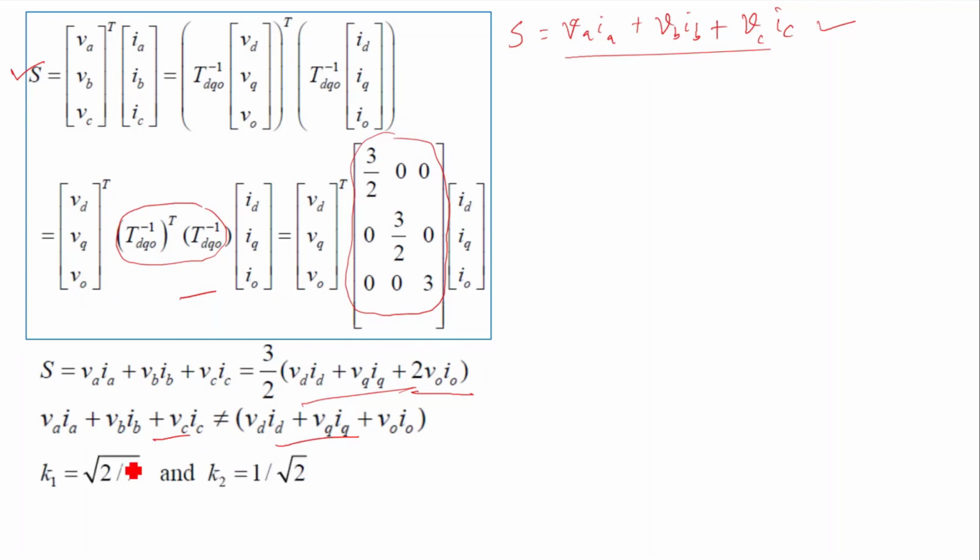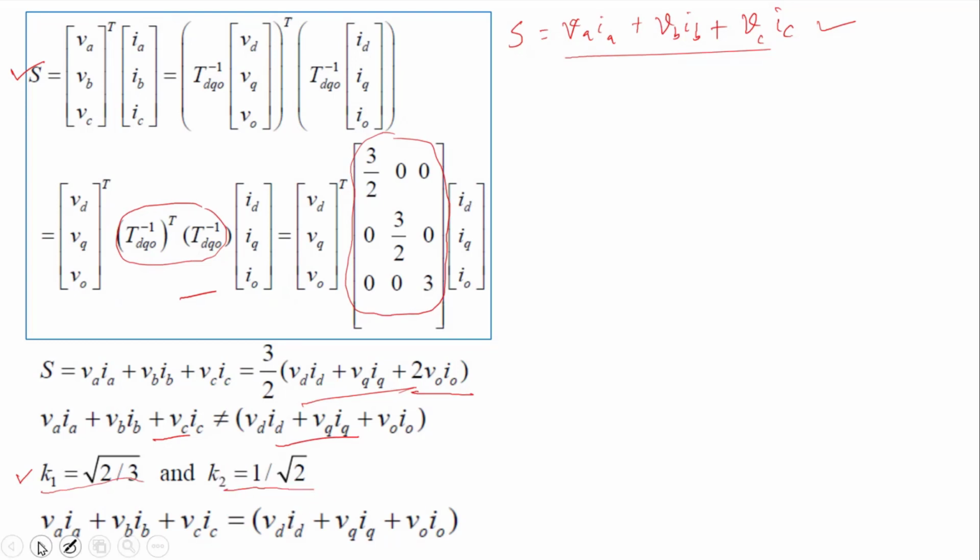So if we choose K1 equal to square root of 2 by 3, and K2 equal to 1 by square root of 2, then you can check it once by applying this. You can find this power expression once again, and you will see that VAIA plus VBIB plus VCIC will be equal to VDID plus VQIQ plus VOIO.